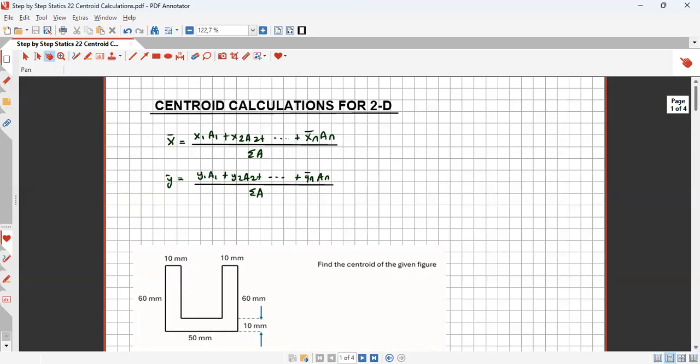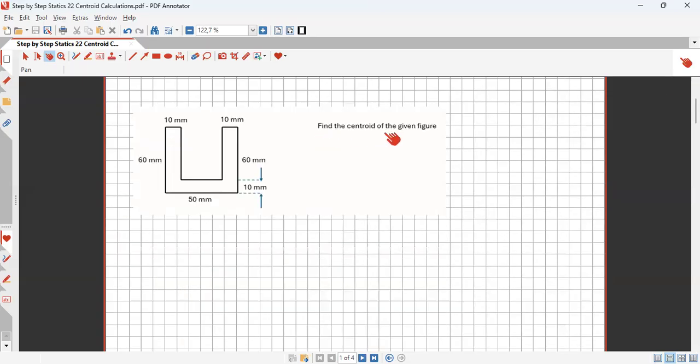For example, find the centroid of the given figure. The question asks for the centroid of the figure. First of all, we use 0, 0 as our origin. Moreover, we add here the x and y coordinates.